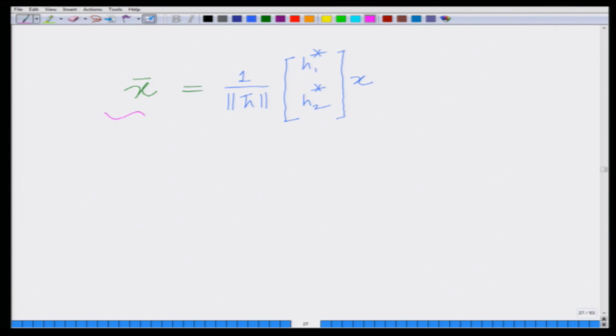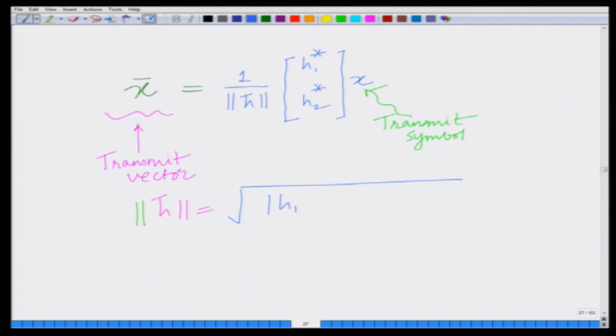So, what do I have over here? x bar is the transmit vector, x is the transmit symbol, and the norm of h bar is equal to the square root of magnitude h1 square plus magnitude h2 square.